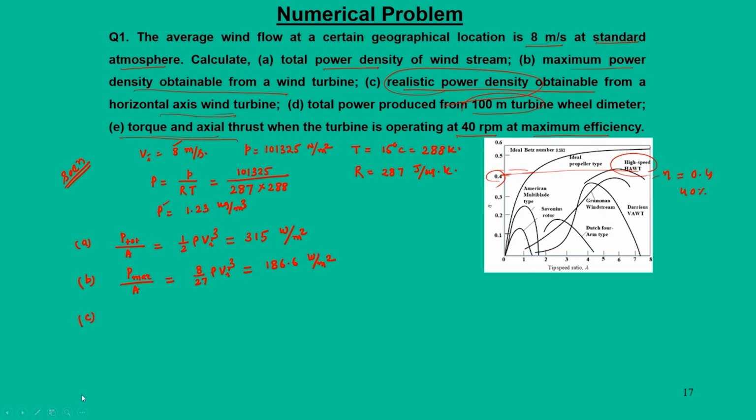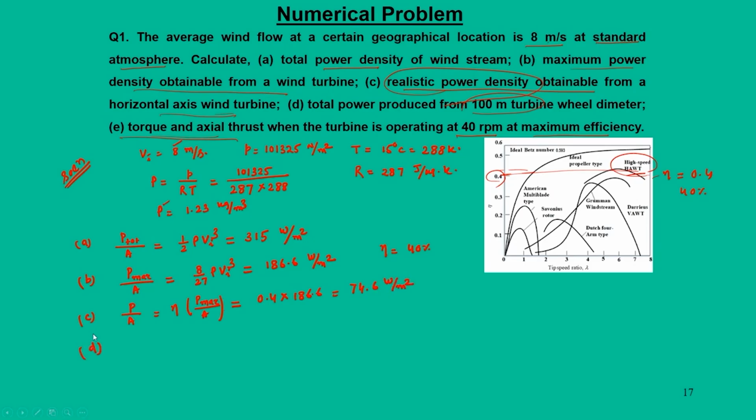Third term is realistic power density, that means we need to find out P by A, that is nothing but efficiency into P max by A, and efficiency was taken as 40% for a horizontal axis wind turbine. So, this term becomes 0.4 into 186.6. So, this is 74.6 watt per meter square.